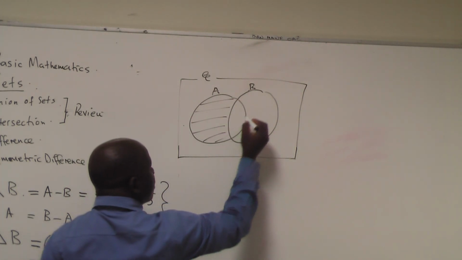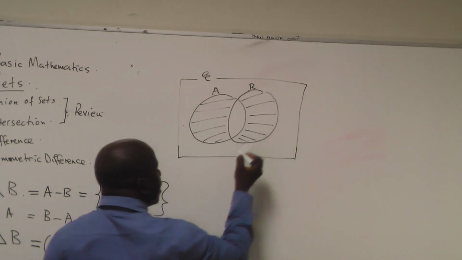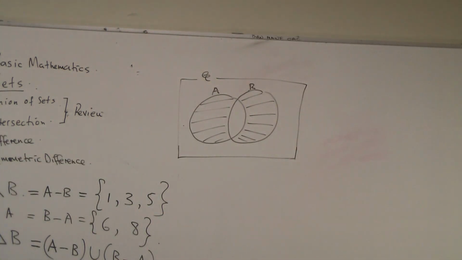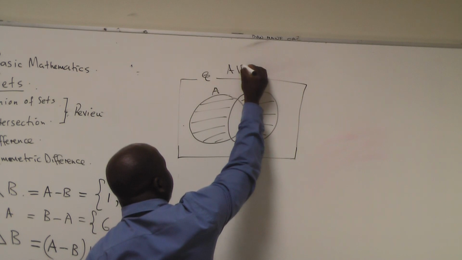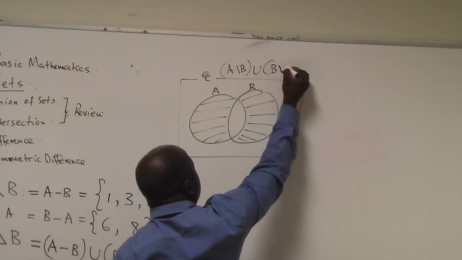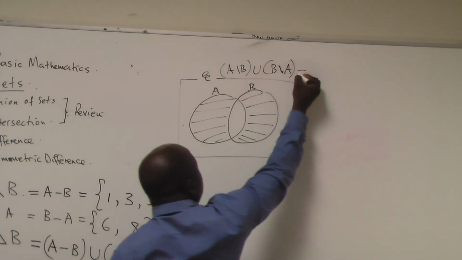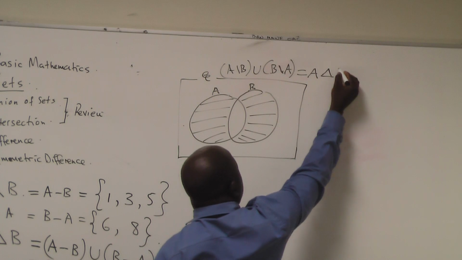Elements in A and also elements in B, but we must exclude the intersection. So this shaded region is A difference B, union B difference A, which is the A symmetric difference B.